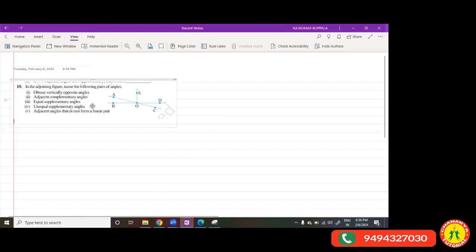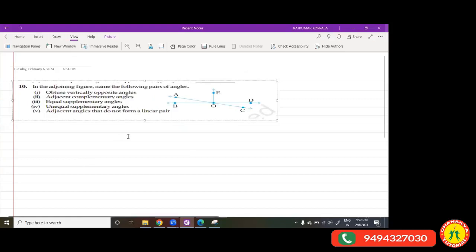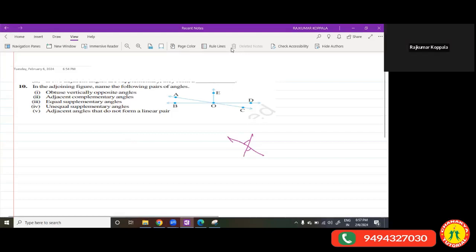See this here we have to say absolute obtuse vertical angles. Vertical angles means, see this, if you draw like this, these two are vertically opposite angles. Understand? Switch on your camera, everyone.